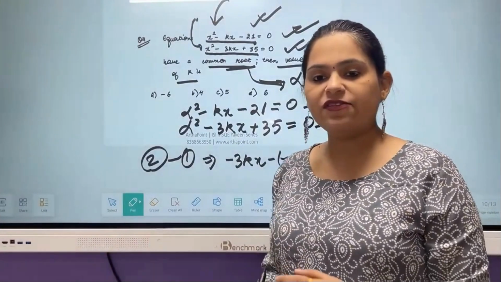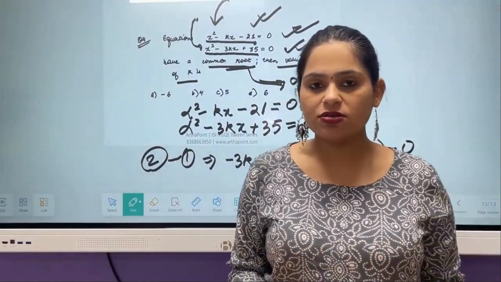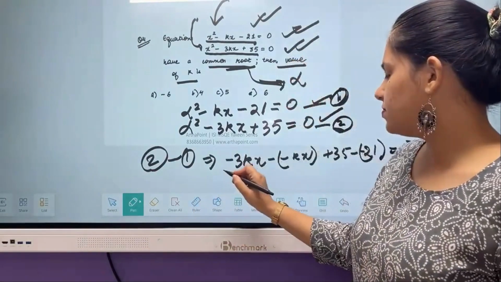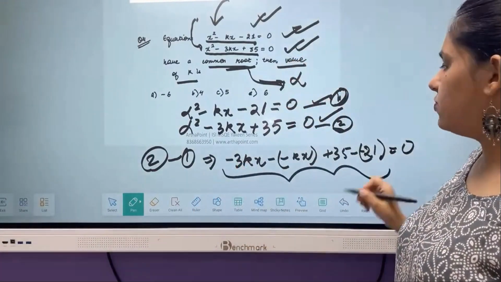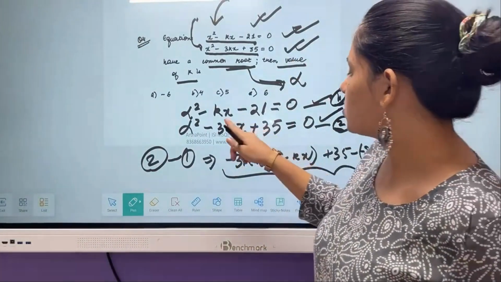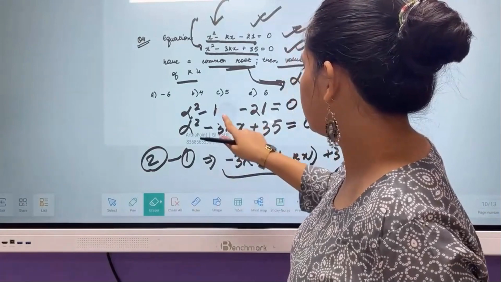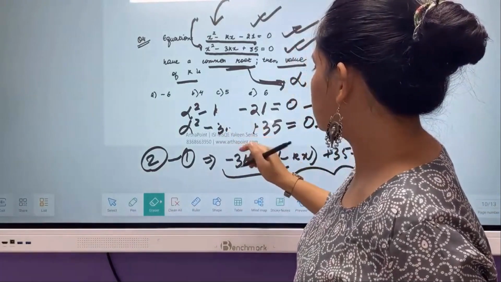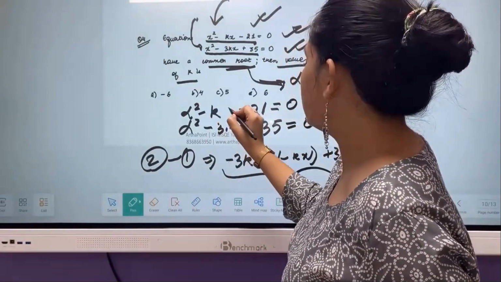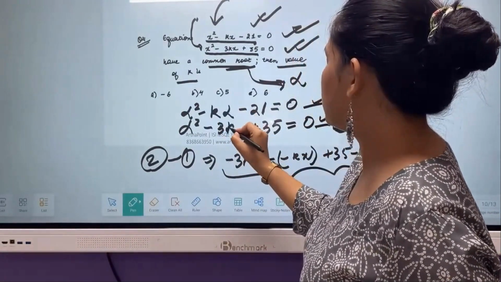When you subtract, alpha square and alpha square cancel out each other. Sorry, x की जगह पे I have to plug in alpha, my bad. Just plug in alpha here. So minus k into alpha minus 3k into alpha.